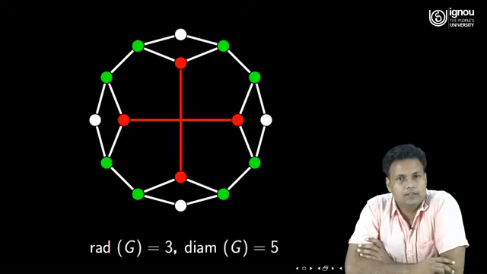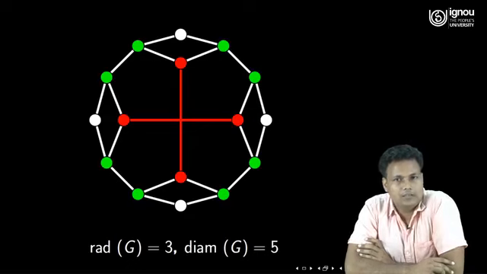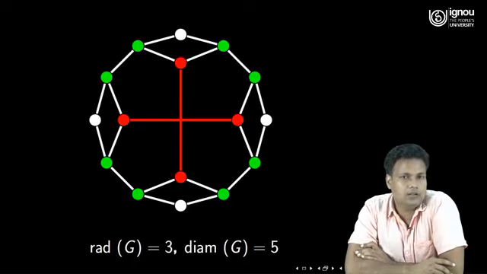First, let us consider this graph. The vertices which are red have eccentricity 3, the vertices which are green have eccentricity 4, and the vertices which are white have eccentricity 5. So the vertices of maximum eccentricity are the vertices which have eccentricity 5, and hence the diameter of this graph is 5.